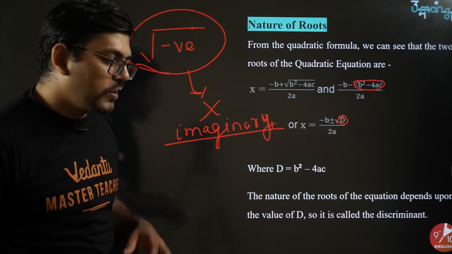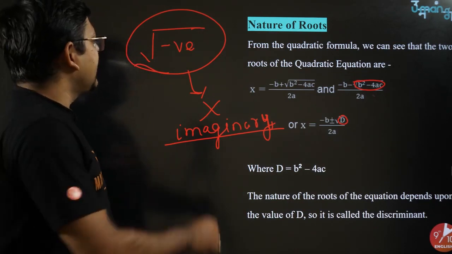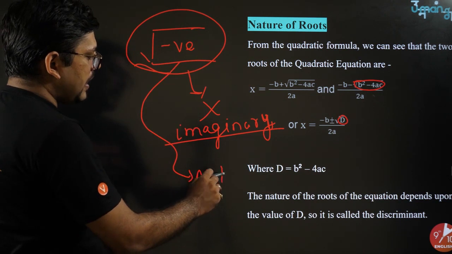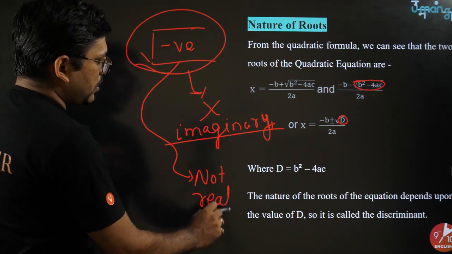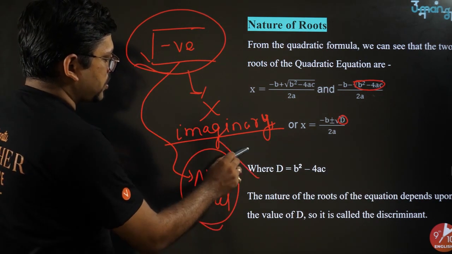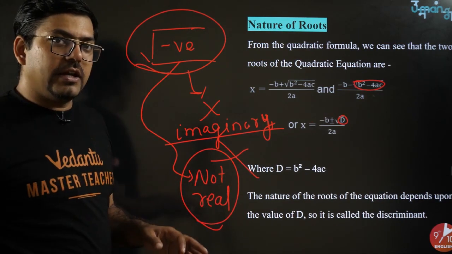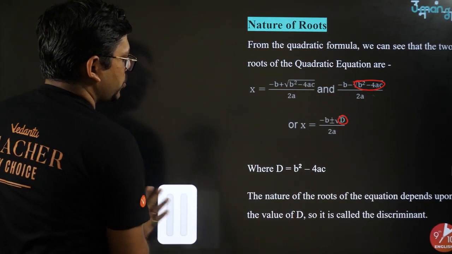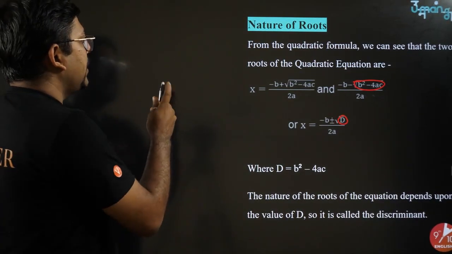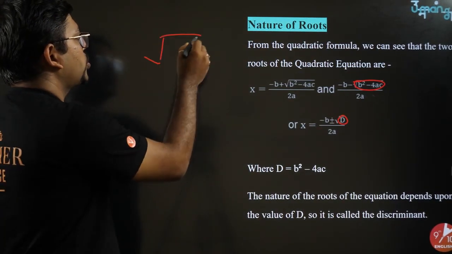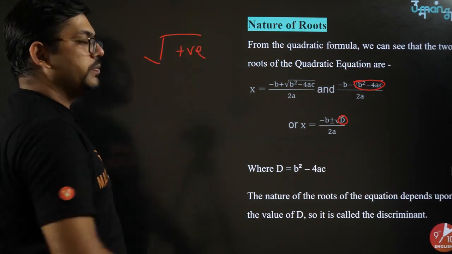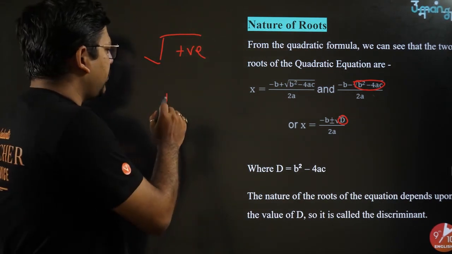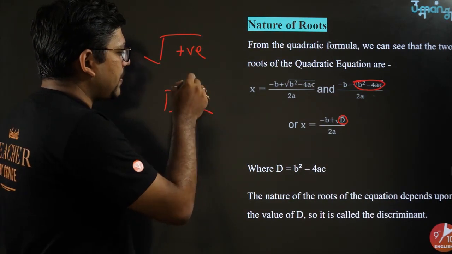What you have to understand right now is that this is something which is not real, and if it is not real, then surely we are not going to talk about it. One thing is very clear: inside the root, you should always have a non-negative value. The value of D should never be less than 0.